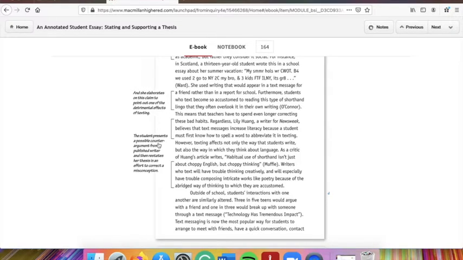The possible counter argument is that she uses an expert's idea that text messages increase literacy because a student must first know how to spell a word to abbreviate it in texting. So that's a possible counter argument to a point that she is bringing up as a possible problem, and that's something you can do if you have that research.